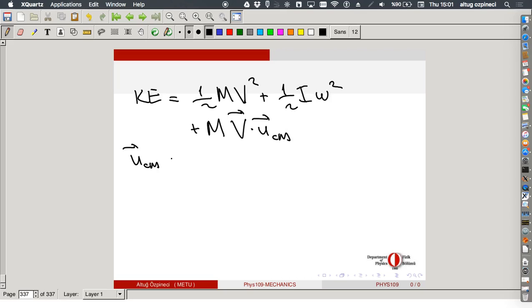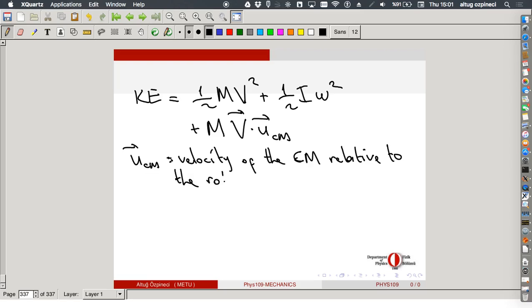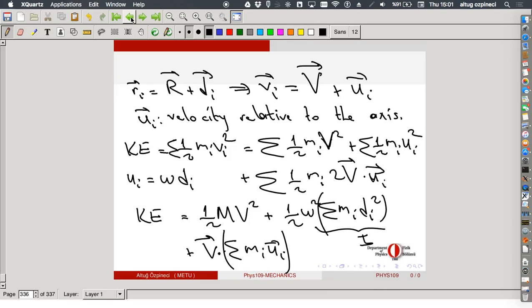This u center of mass is the velocity of the center of mass relative to the axis. Well, you see, mass times the velocity is nothing but the momentum. So this is the total momentum.